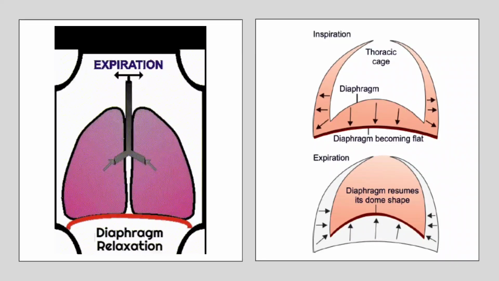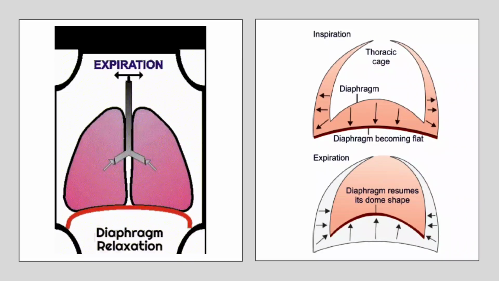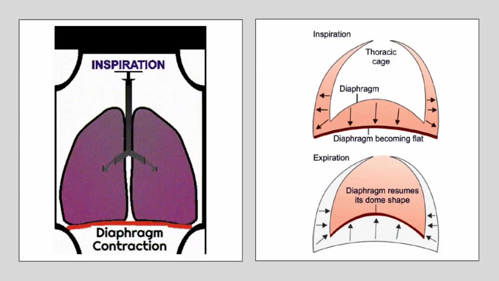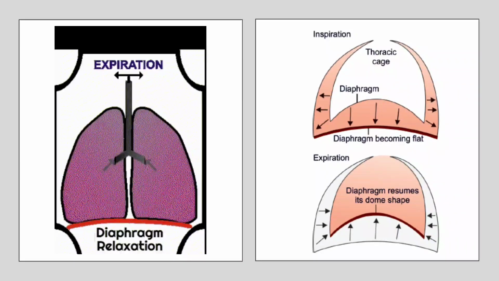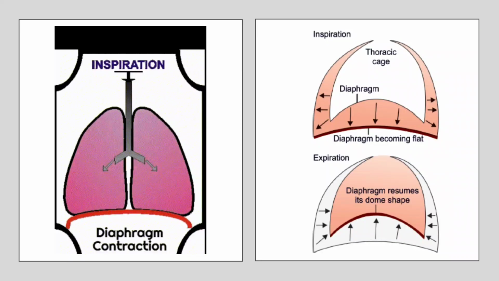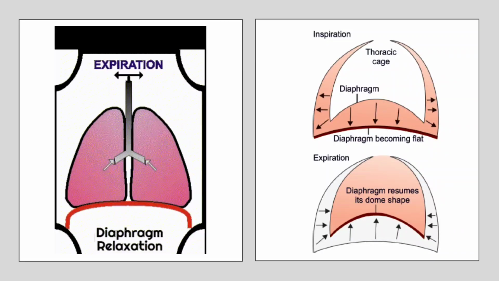Now, the important point is that inspiration is significantly compromised in certain conditions. First, we know that the diaphragm is innervated by the phrenic nerves, that is C3 to C5 cervical roots. Each lateral half of the diaphragm is innervated by the phrenic nerve on that side.